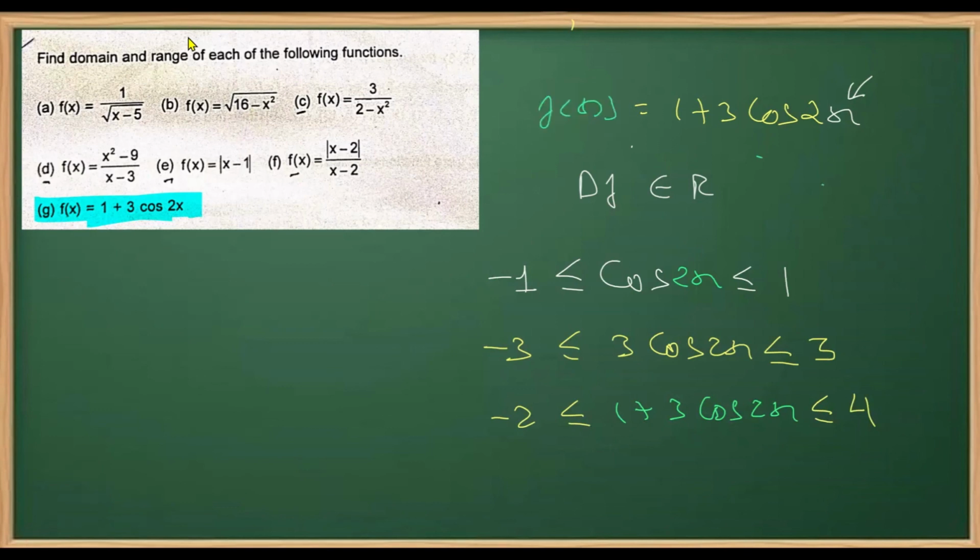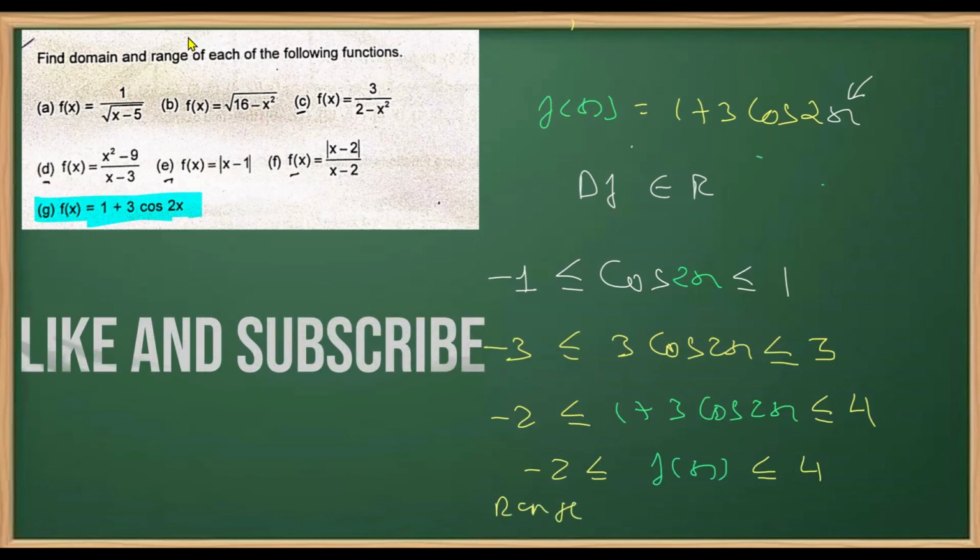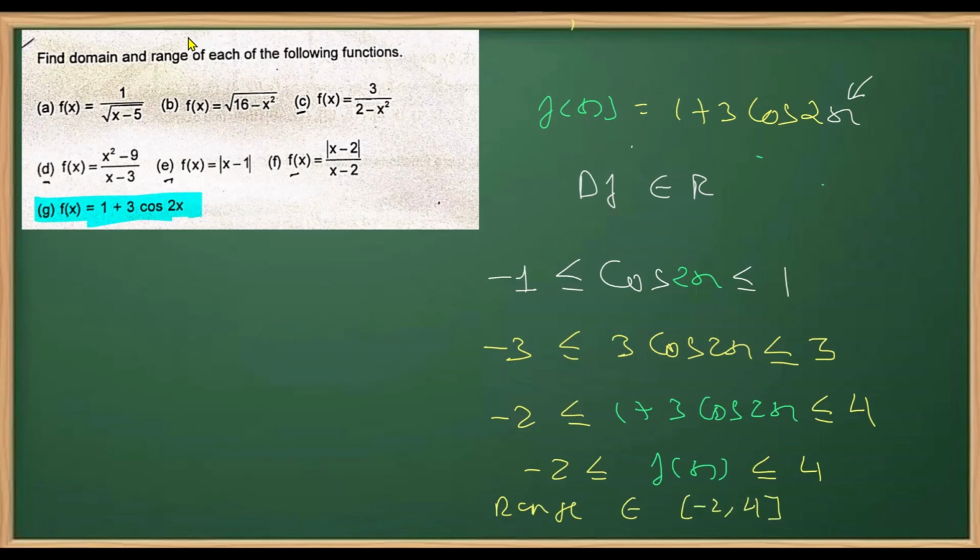So we can say that it is f(x), which is this, and the value of f(x) varies from -2 to 4. So we'll say that the range in this case belongs to [-2, 4], a closed interval. So this is how we'll do the G part of this question.